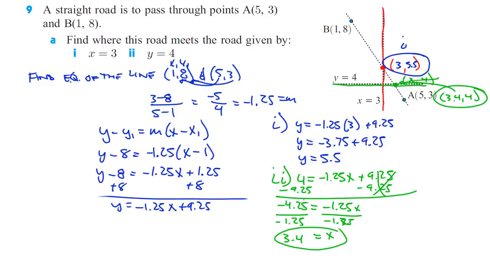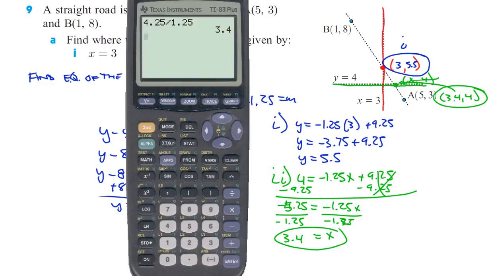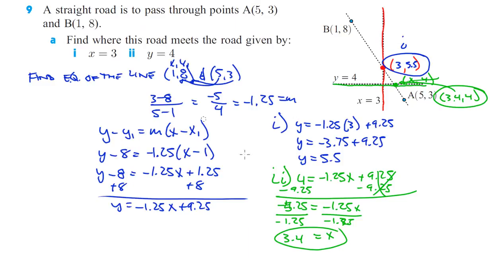Okay? Okay, except for a little error up here. So 4 minus 9.25 is negative 5.25. Divide, and then we take 5.25 and divide it by 1.25. We actually get 4.2 instead of 3.4. Sorry about that. Okay, so not 3.4.